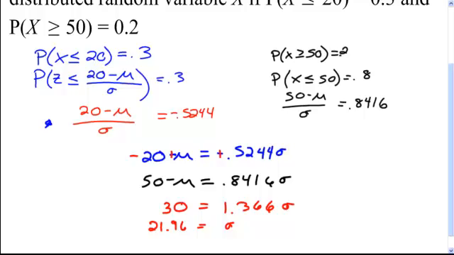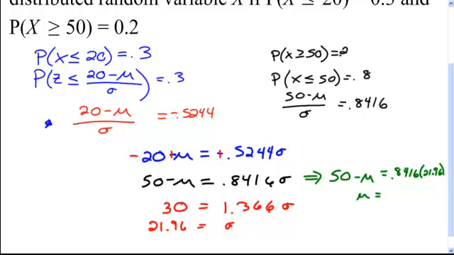Then I can take that, substitute it back in, and find my mean. In either of them, it doesn't matter which one you plug it into. Maybe I'll use the second one here. So 50 minus my mean equals 0.8416 times 21.96. Then subtract the 50 over, multiply through by that negative.